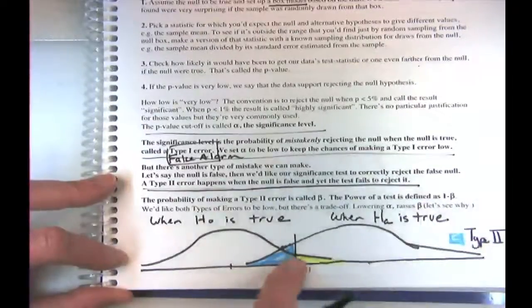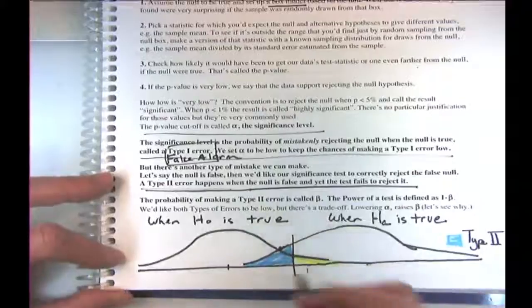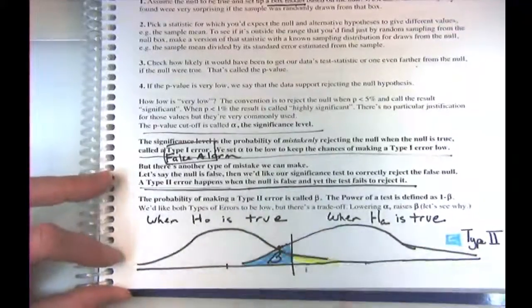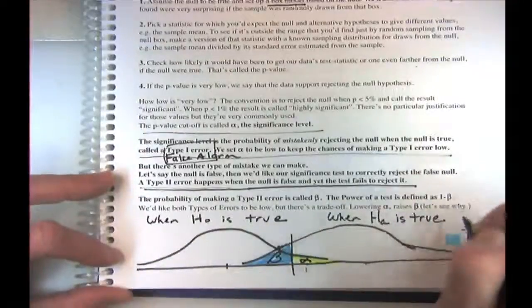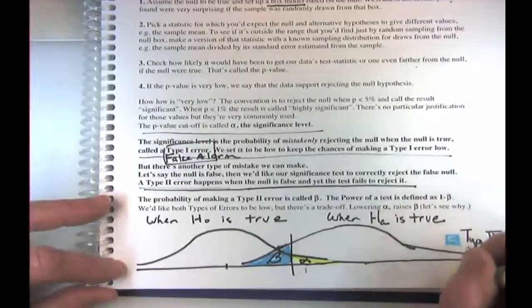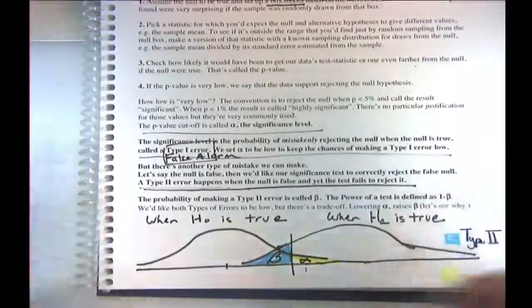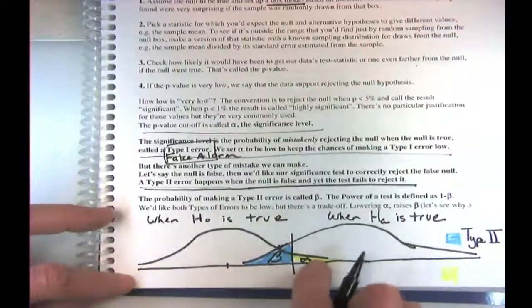This area is the probability of making a type 2 error, and we call that beta. And this right here, alpha, is the type 1 error. That's the probability of making a type 1 error. The probability of making a type 1 error is that area.